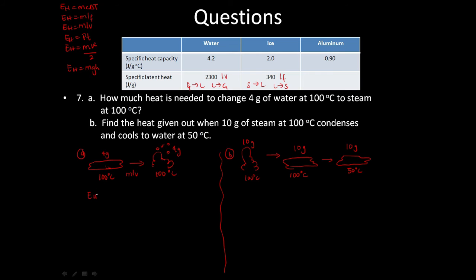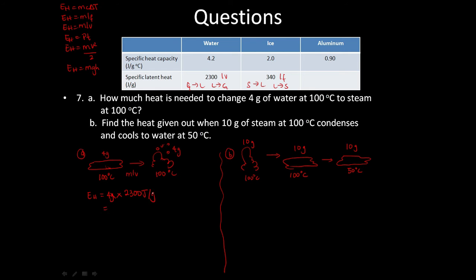the heat that's given off here, so the heat that's taken to break these bonds. You have 4 grams, which is the mass, and then 2300 joules per gram.